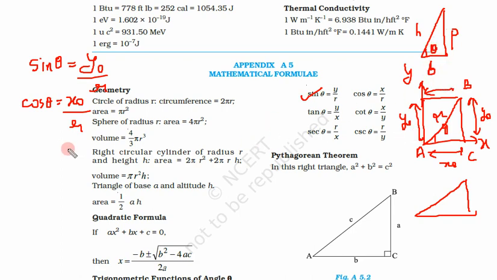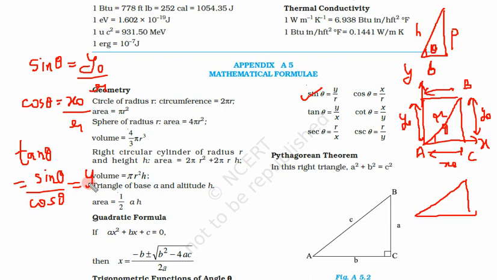Now what is third ratio? Third ratio is tan theta. Tan theta is equal to sin theta upon cos theta. So if we divide, what do we get? We get y0 upon x0 because r and r will cancel out.